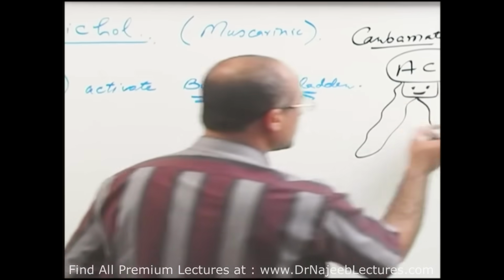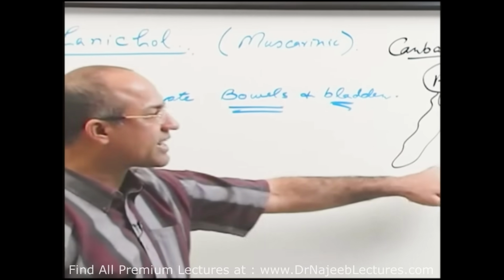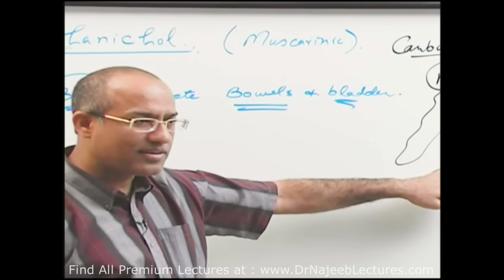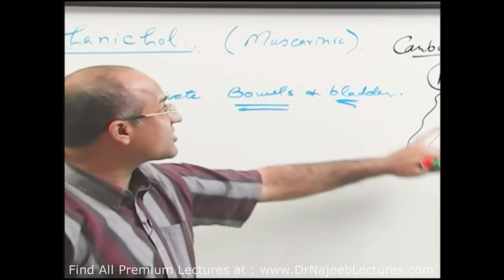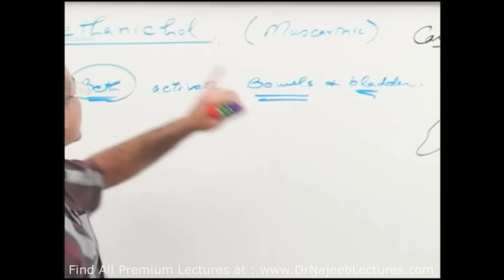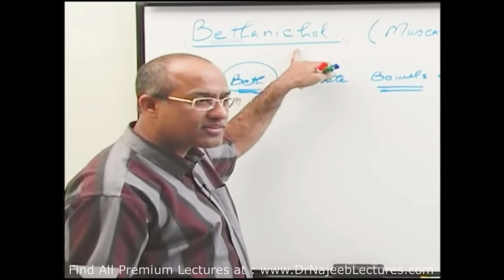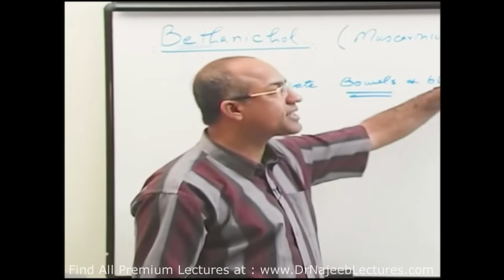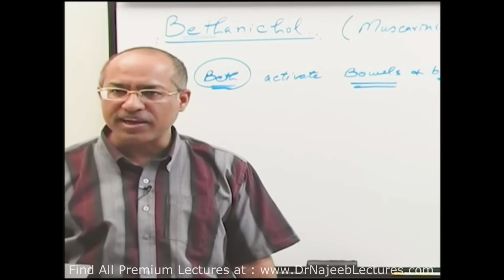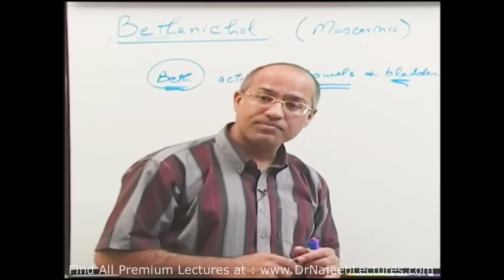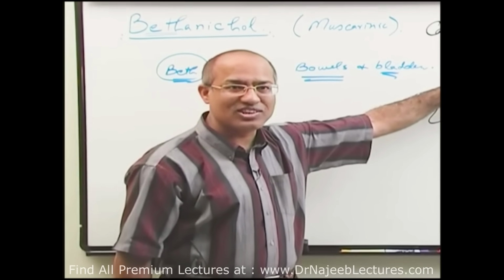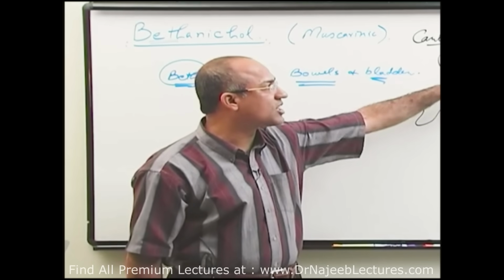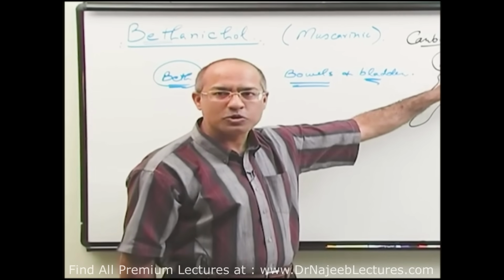Now this enzyme very effectively destroys acetylcholine, right? But it cannot so effectively destroy bethanechol. The reason being, bethanechol is a slightly different molecule where acetate has been replaced by carbamate, and acetylcholinesterase is an enzyme which breaks down the ester link between acetate and choline.